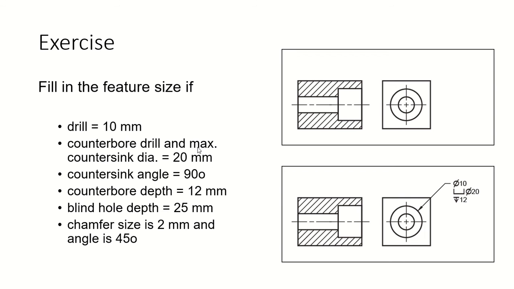So don't feel bad about how they write it in the sheet. So counterbore drill and max countersink diameter. This means even if it's countersink or counterbore, you have to give a max of 20 millimeter. In this case, we're using metric for the units, but you don't have to put that unit in here. We go unitless when we draw, because we're not keeping the same dimensions of your object outside. All right.